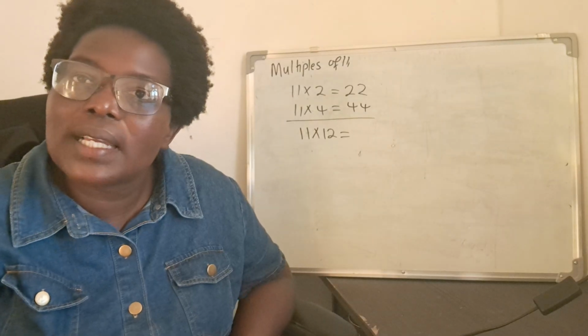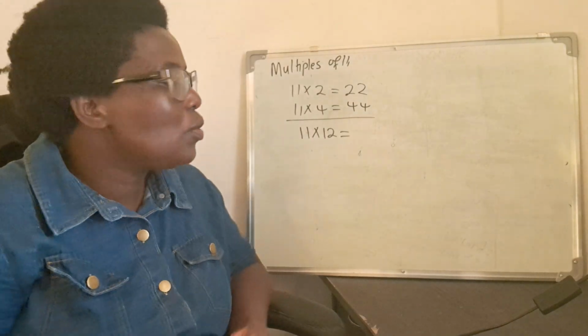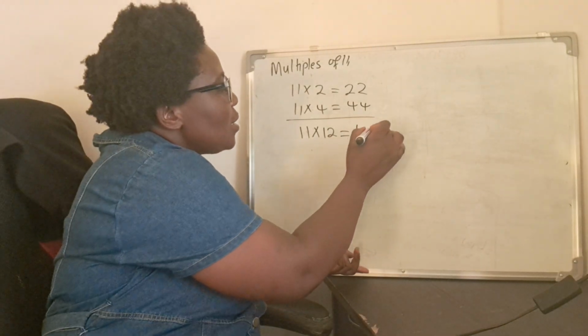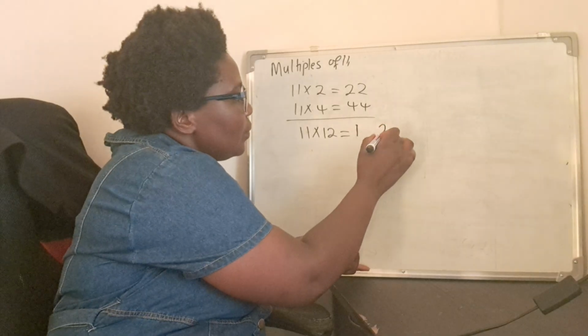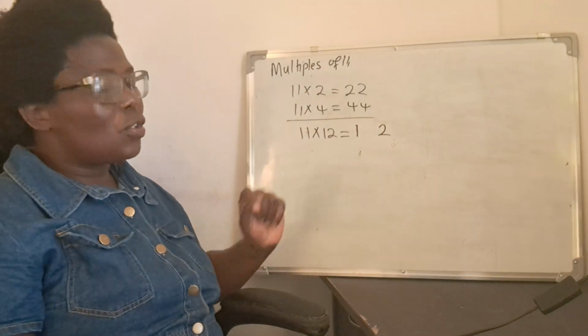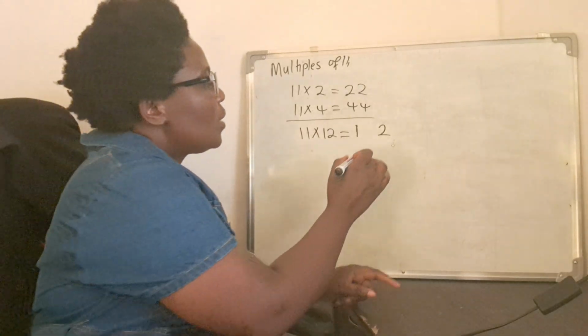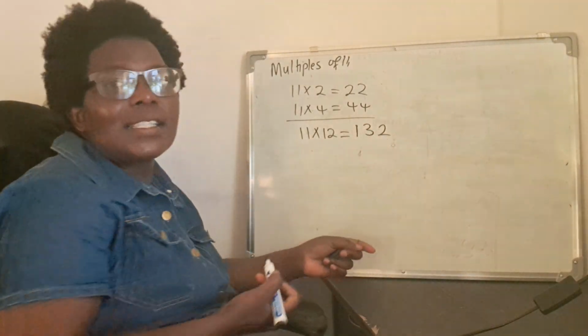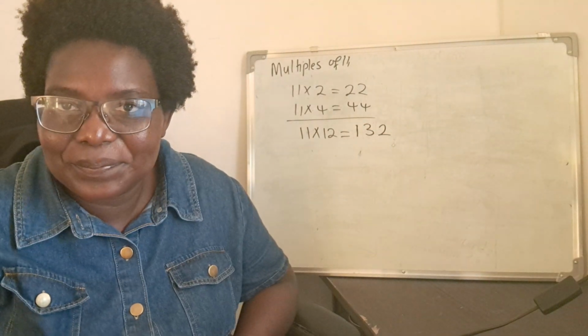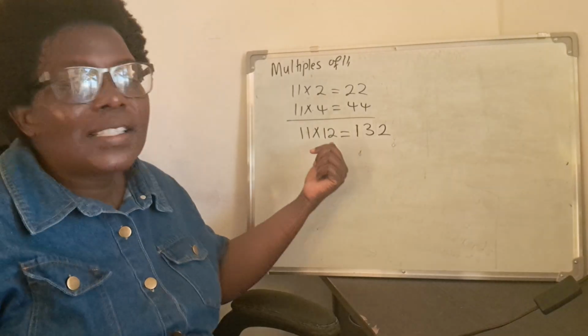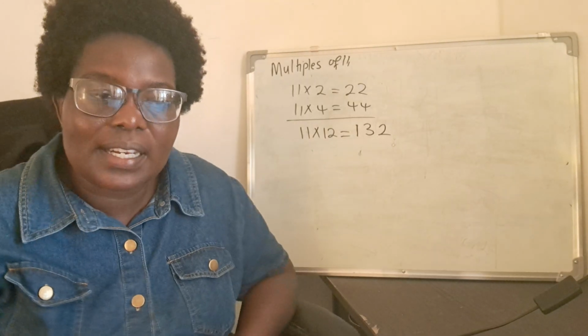What you need to do, you write these two numbers, 1 and 2. Then you add the 2. 1 plus 2, that's equal to 3. Then you write that in the middle. So 11 times 12 is equal to 132.